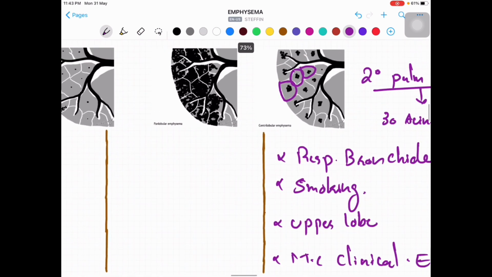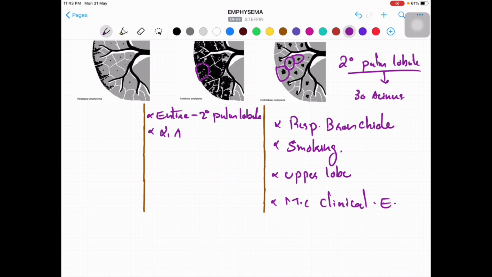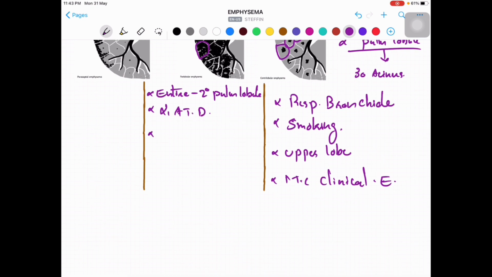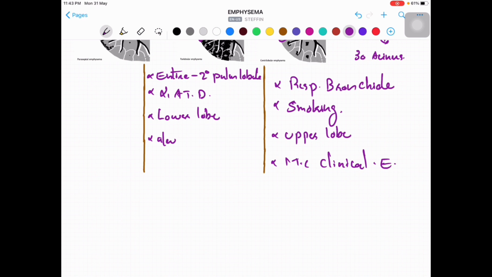As you can see in this diagram, the entire secondary pulmonary lobule is affected, meaning the entire acinus is affected. It is due to alpha-1 antitrypsin deficiency. Also, it affects the lower lobe, and is associated with hepatic cirrhosis.